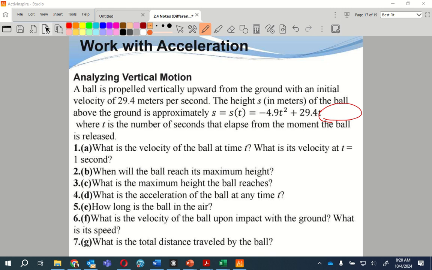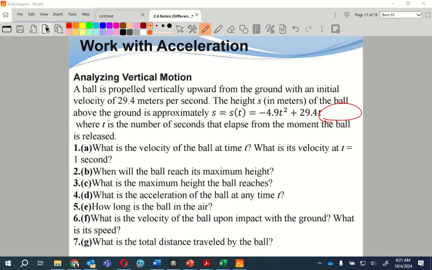The y-intercept, right? So in a trinomial or a binomial, any of them, that constant should be my intercept. Where is it touching y? If you notice, this one right here doesn't have one, does it? Nope, it doesn't have one. So therefore, that means it's starting at ground level.